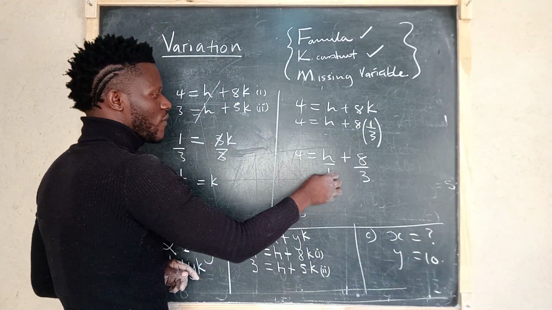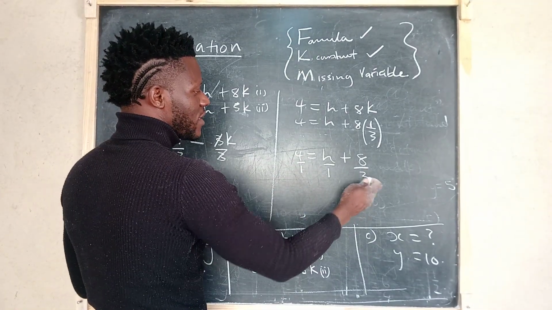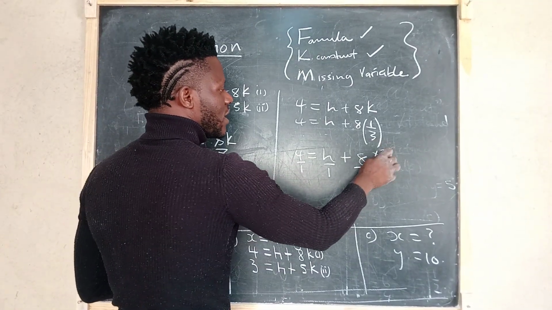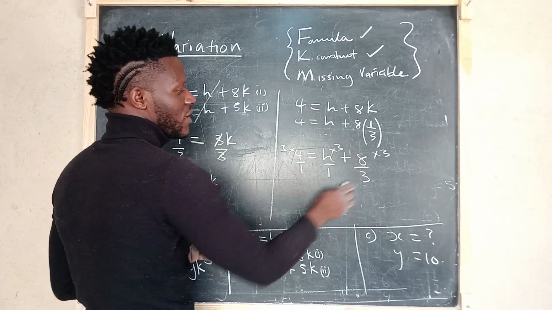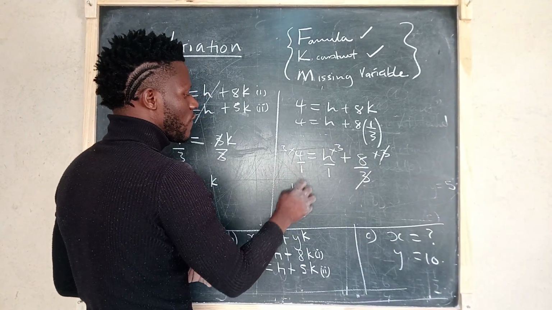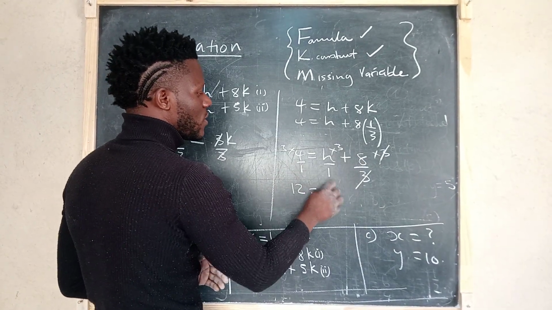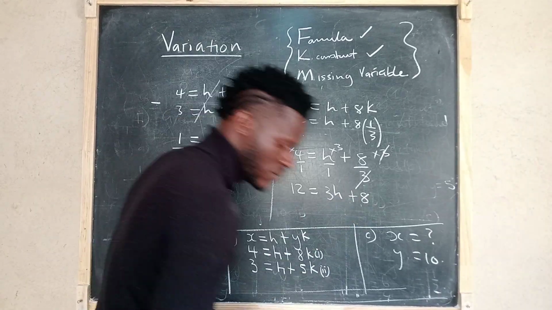Let's introduce over 1, another over 1. Now we are going to multiply by 3 every term, times 3, times 3, and times 3. Then we reduce this one. Now we have 12 equals to 3h plus 8.